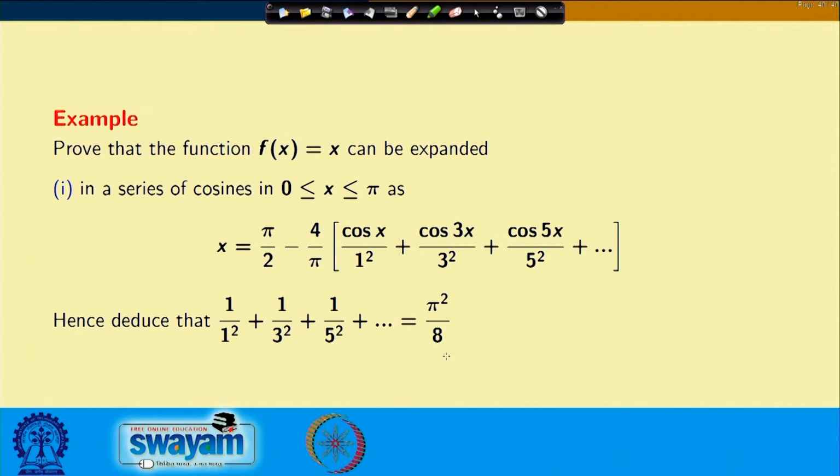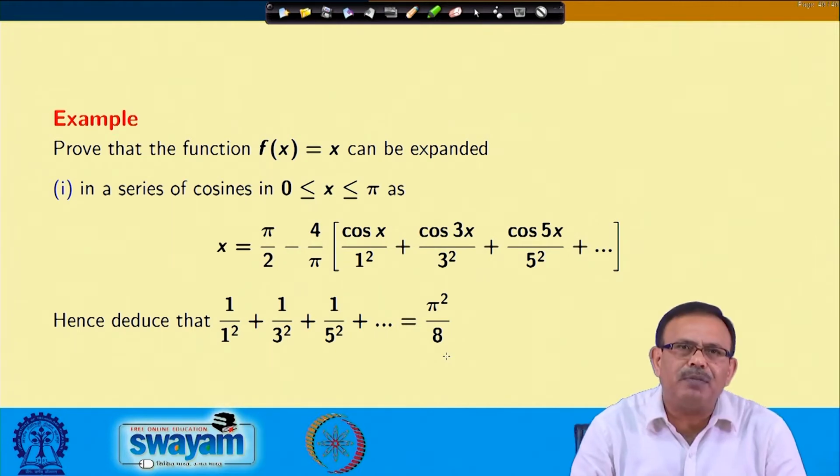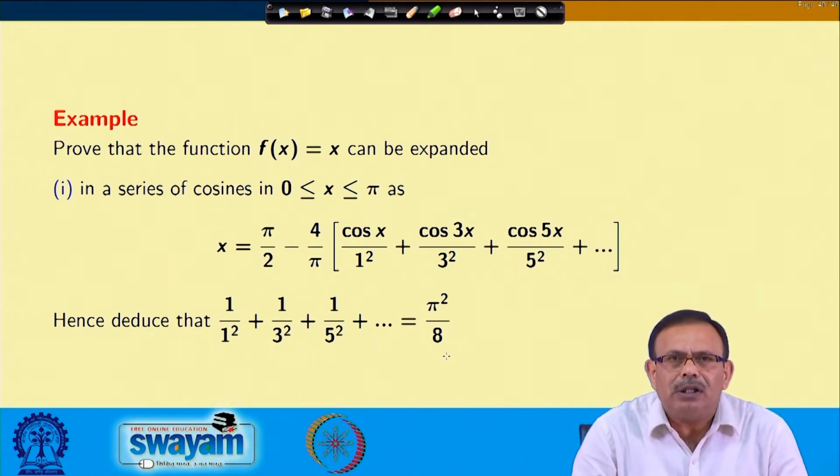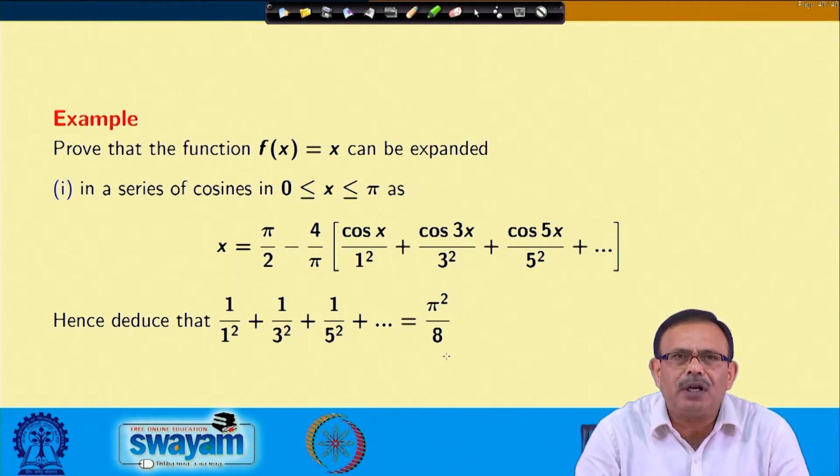Suppose we have to prove that f(x) equals x can be expanded in a series of sine in 0 to pi. Earlier the problem we did was from 0 to 2. Now, we have to expand f(x) equals x as a cosine series in 0 to pi, and we have to show x equals pi by 2 minus 4 by pi into (cos x by 1 square plus cos 3x by 3 square, and it will go on like this).